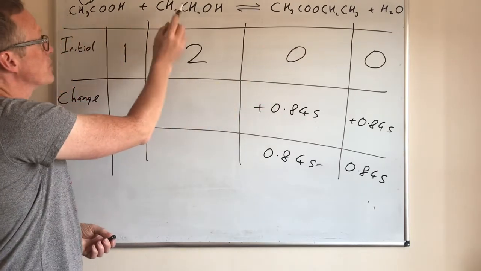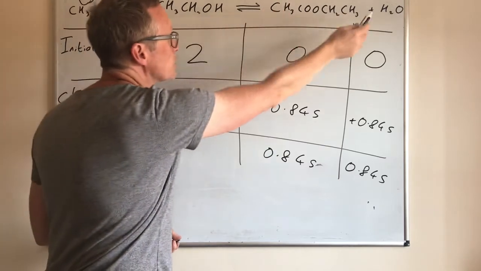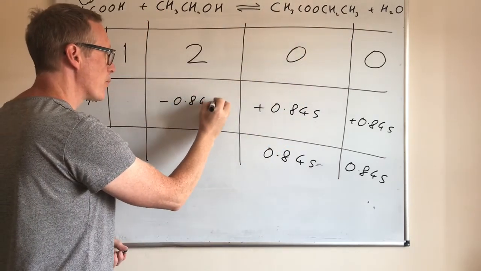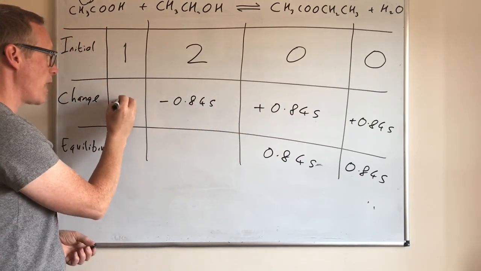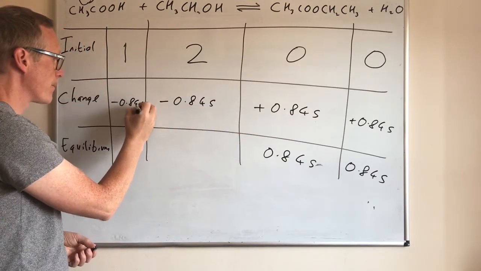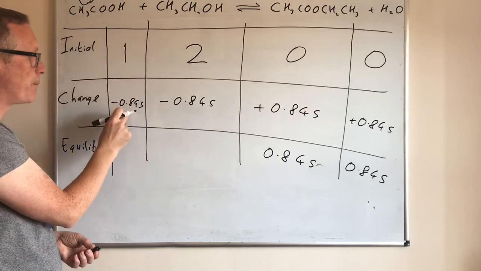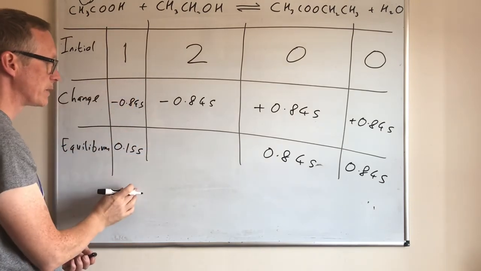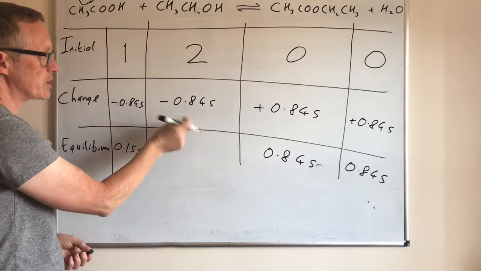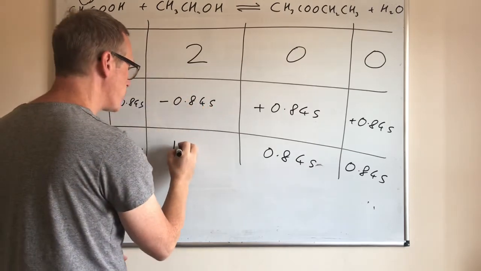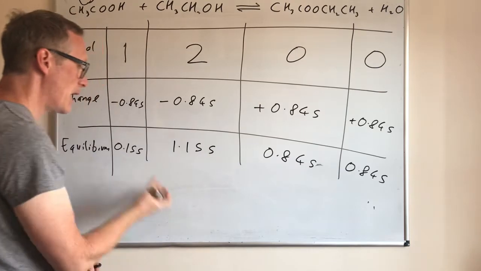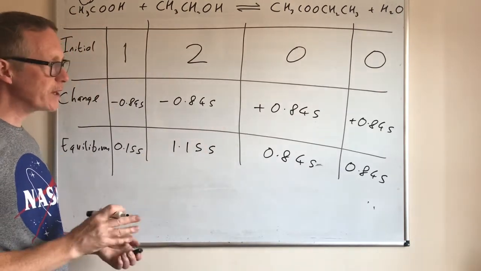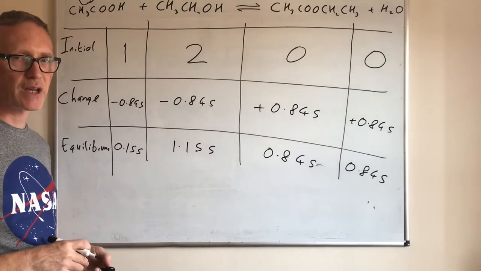And since everybody is in a 1-to-1-to-1-to-1 ratio, they've gone down by the same number of moles as that went up by. 1 minus 0.845 is 0.155. 2 minus 0.845 is 1.155. And I have the 4 equilibrium amounts ready to put into my expression for Kc.